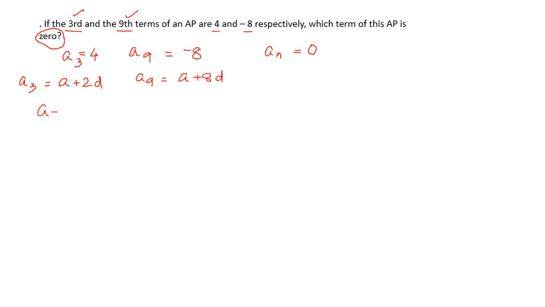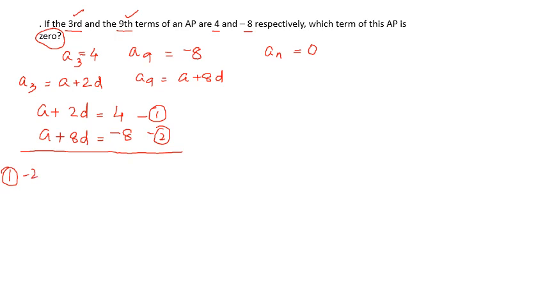So we get A plus 2D is equal to how much? 4. And A plus 8D is equal to how much? Minus 8. Now this is first equation. This is a second equation. What are we going to do? 1 minus 2 or 2 minus 1. Anything you can do. I'll do 1 minus 2.